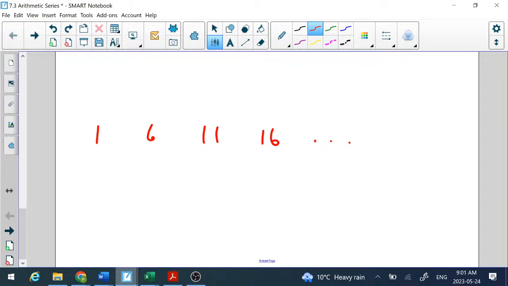Okay, so if you want to make your last term 66, what you did is you added 5. Does that work? 12, 13, 14. You got 14 terms there? Cool. So this is T14. This is T1. You all good?